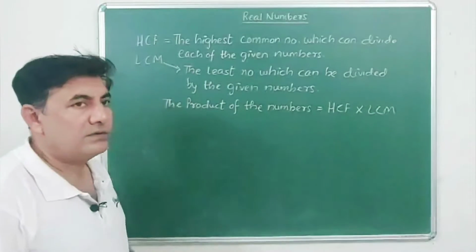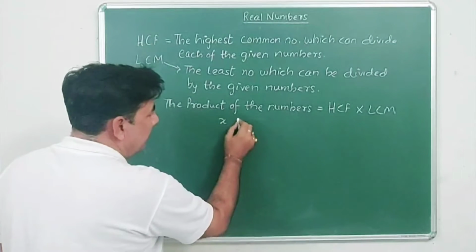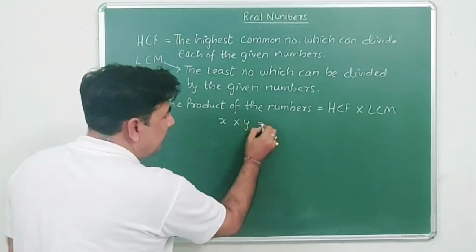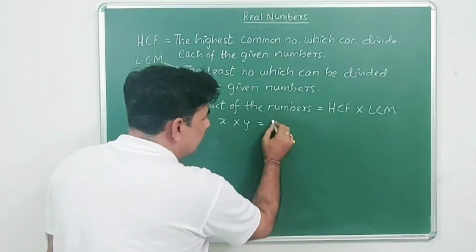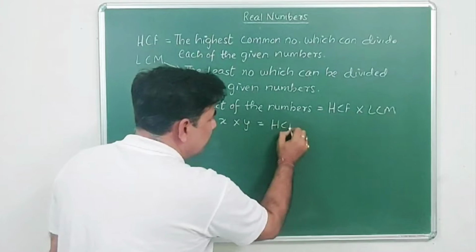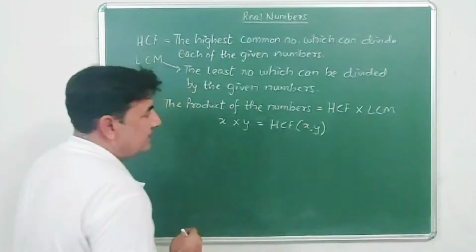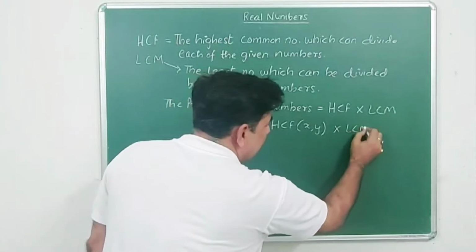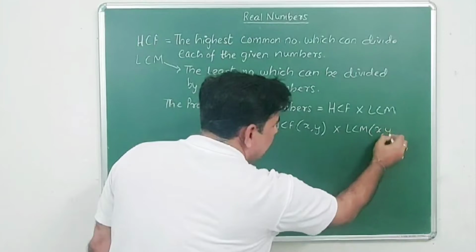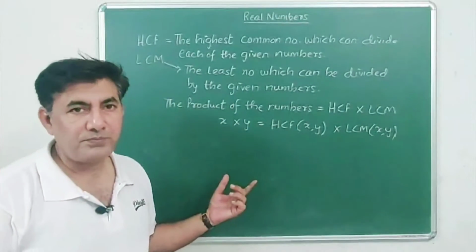Suppose there are two numbers, say x and y. If you multiply these two numbers, and if you multiply the HCF of x and y and the LCM of x and y, you will get the same value on both sides.